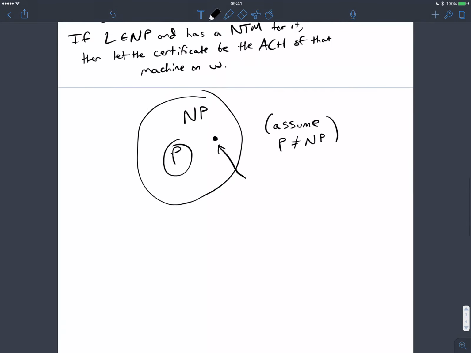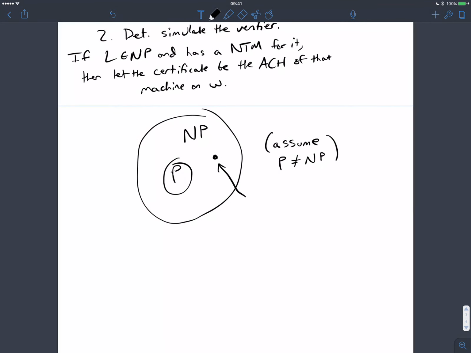So we're going to use the idea of reductions like we did to show things that were undecidable before. But here, we're going to have reductions between NP problems. So I'm going to reduce a known NP problem to a problem I'm trying to solve.